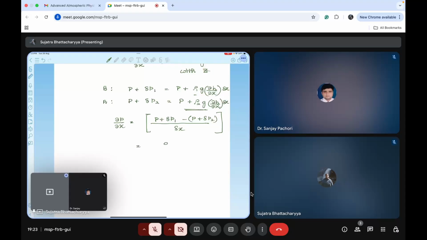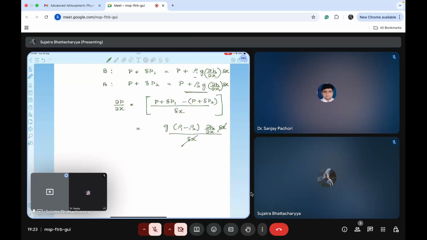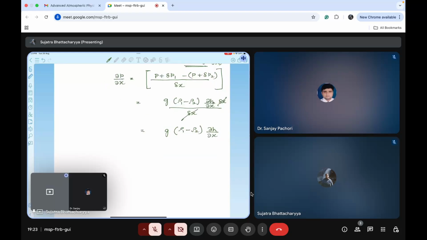So what do you get? All things will be cancelled. You get rho 1 minus rho 2, delta H delta X times delta X divided by delta X. This goes. Finally, you get G (rho 1 minus rho 2) delta H delta X. What about the pressure gradient? 1 by rho delta P delta X is G (rho 1 minus rho 2).